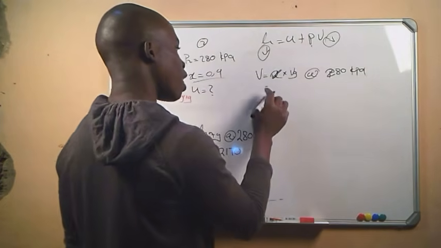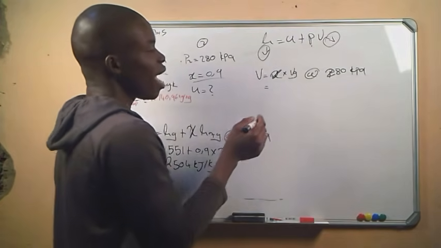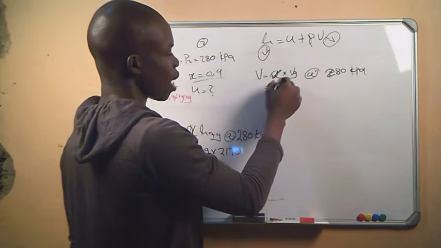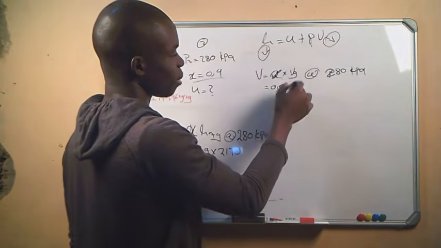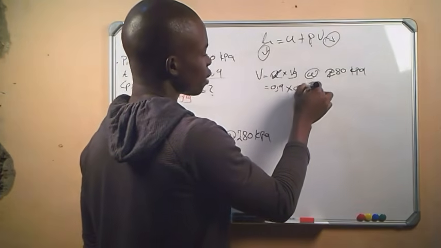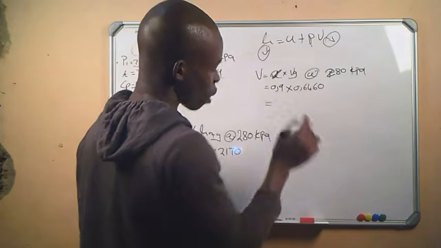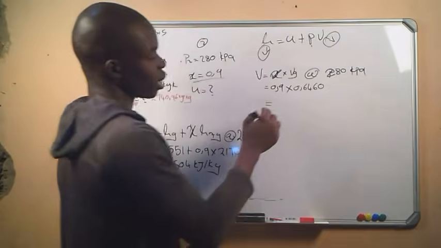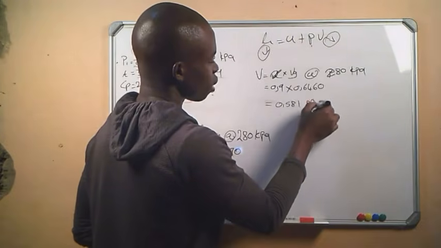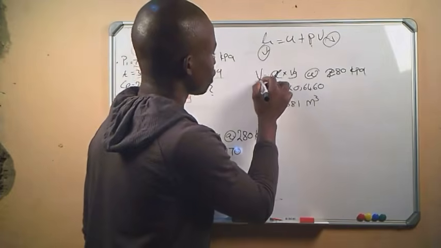And then we go and look for the value of Vg at 280 kilopascal, and then our dryness factor is 0.9 times our Vg from our steam table, which is 0.6460. Then we calculate, and I got that our V is 0.581 meter cube. Yeah, that's our V wet.